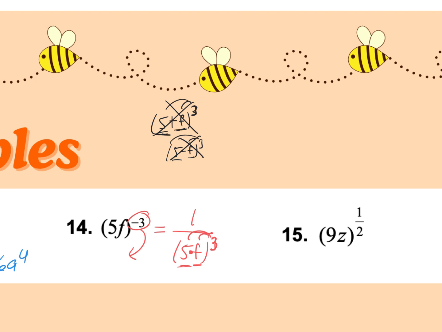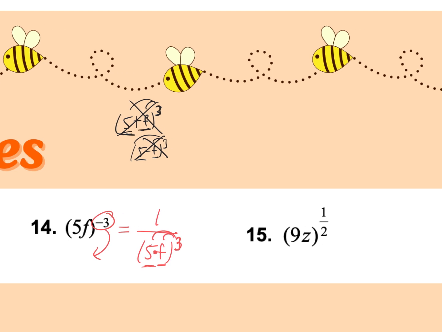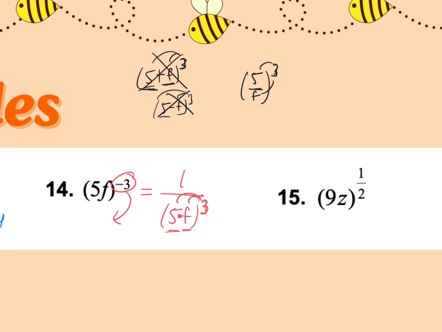All right, but if it's a factor or something in a quotient, like let's say I had 5 over f, right? Multiplying and dividing is fine, right? I can distribute to each of these. And the same thing with multiplying as we did here, right? 5 to the 3rd and f to the 3rd, that's fine, right? So I can make this 1 over 5 to the 3rd times f to the 3rd, all right?